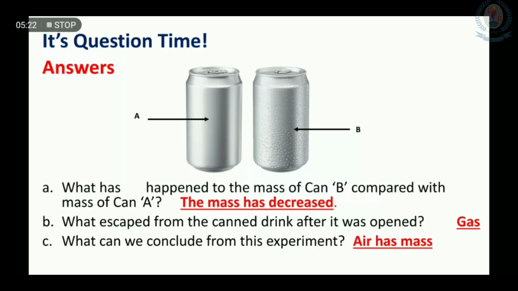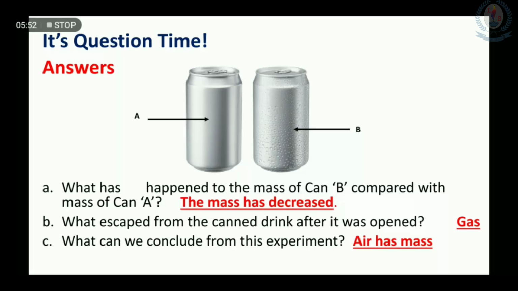First question is, what has happened to the mass of can B compared with the mass of can A? What can you say? Definitely after 2 hours' time, the mass of can B has decreased. Okay. And then question B. What escaped from the canned drink after it was opened?